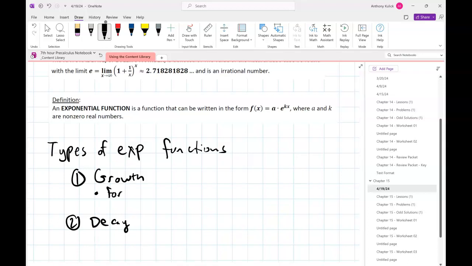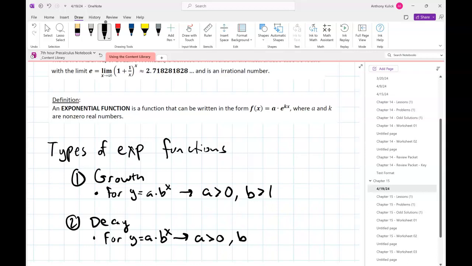In growth, if we're in the form y equals a times b to the x, that means that if a is positive and b is greater than 1, it's going to be exponential growth. So in the same form with a positive a, if b is between 0 and 1, it's going to be decay.